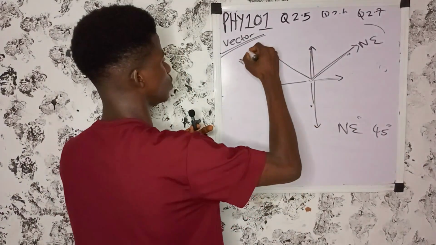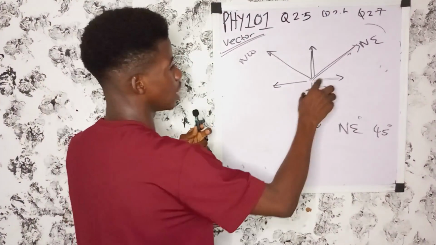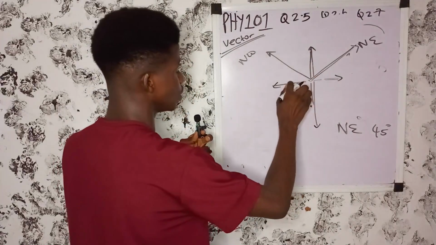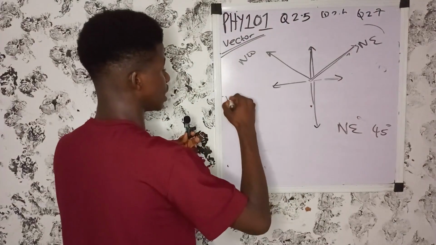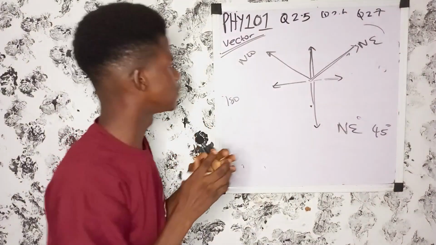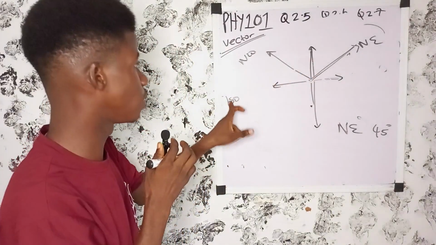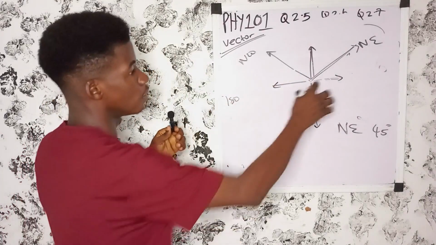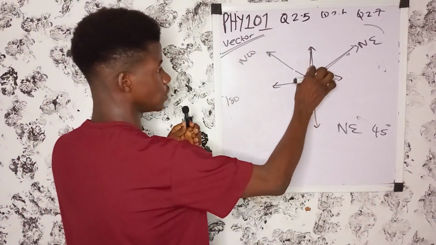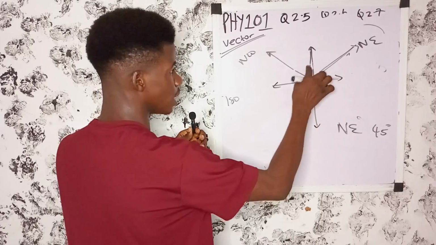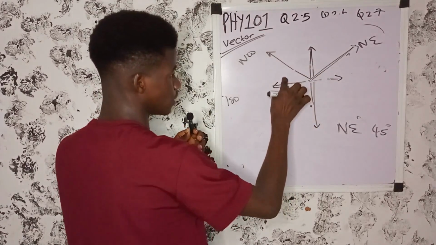Now what about northwest? We all know that from the reference of the positive x to this line is 180 degrees. This full place here is 90, while half of here is 45 and the other half is 45.